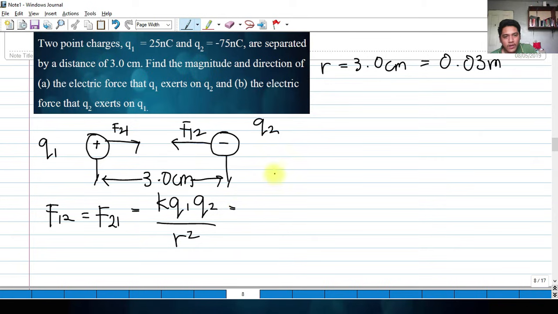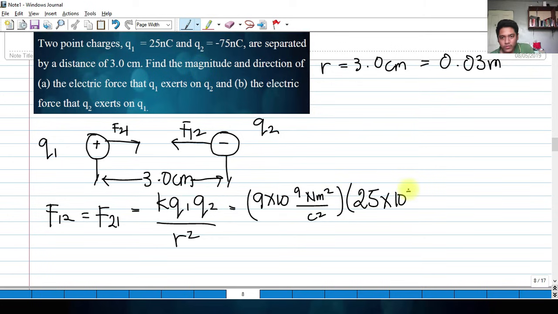So we have now to compute 9 times 10 raised to 9 Newton meter squared per Coulomb squared, that's the unit of Coulomb's constant, multiplied by Q sub 1, which is 25 nanocoulomb. Be careful, 25 nanocoulomb is 25 times 10 raised to negative 9 coulomb.